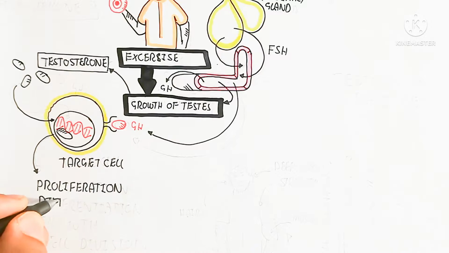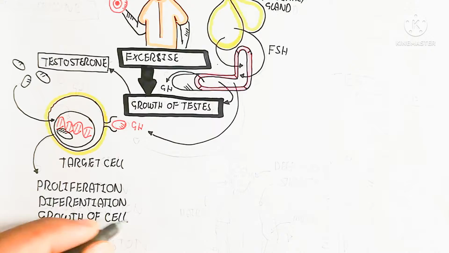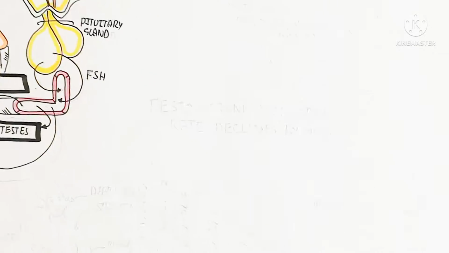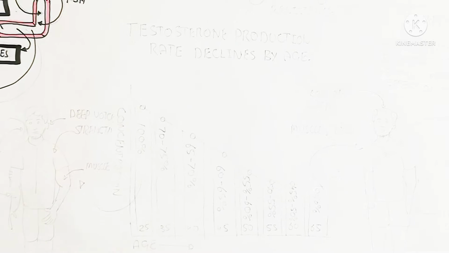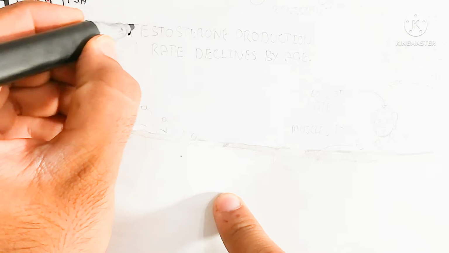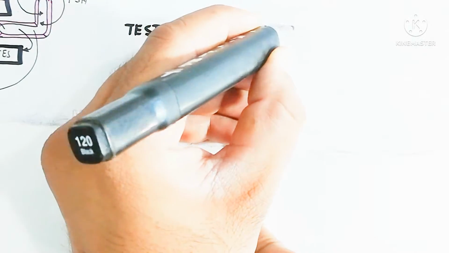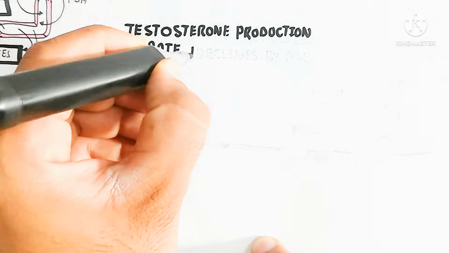That is why testosterone affects directly: it is lipophilic, while growth hormone is lipophobic. Proliferation, differentiation, growth, and cell division are triggered as testosterone binds with the DNA and activates the production of protein. That protein works very efficiently for the proliferation and differentiation of the cell.